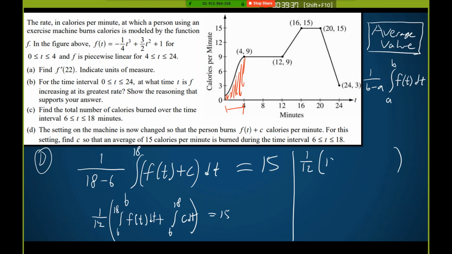plus, if I integrate a constant in terms of time, what will happen? I want to integrate c in terms of time from 6 to 18, where c is some constant. So if I integrate a constant, what will happen? Anyone?